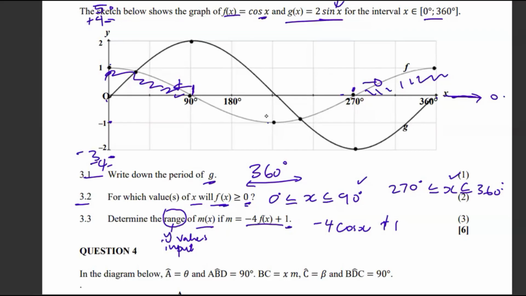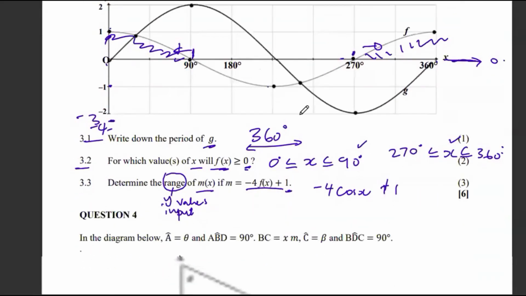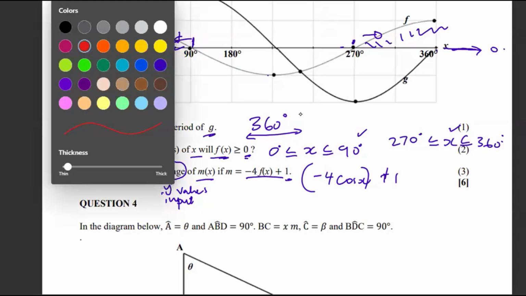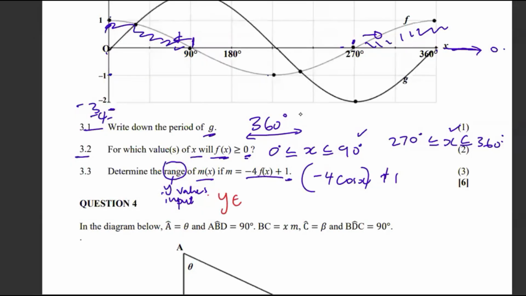Okay. Now, since they're asking for the range, what we can do is start by looking at this section only. The range of that is going to be negative 4, y is an element of negative 4 and positive 4.